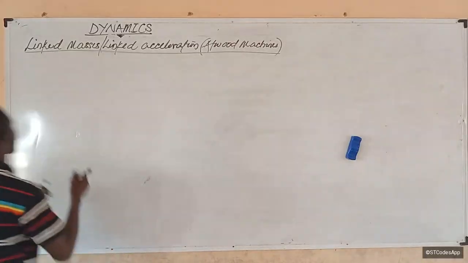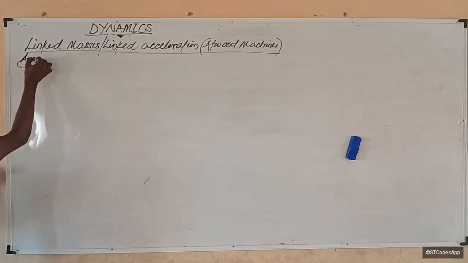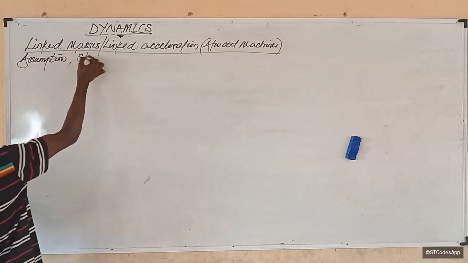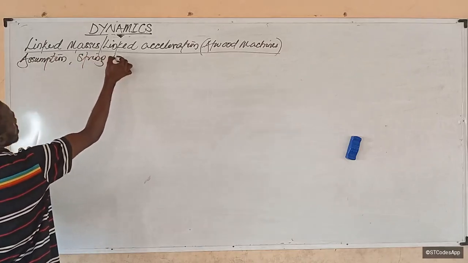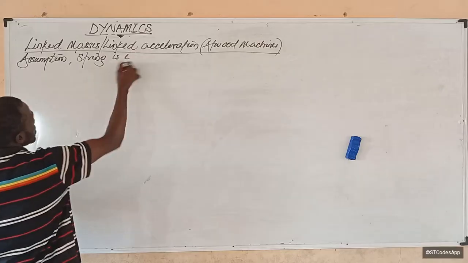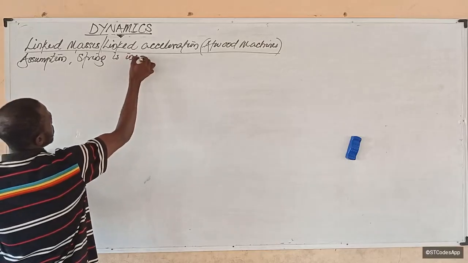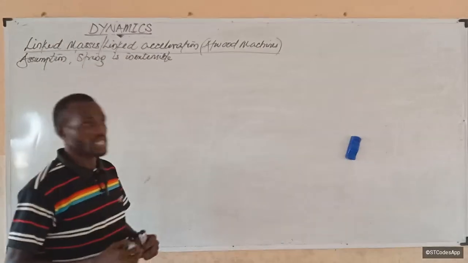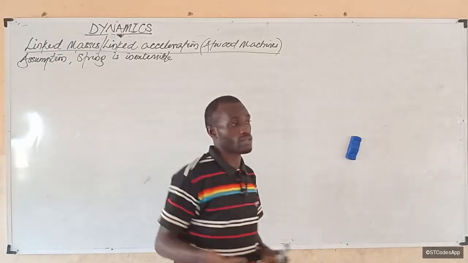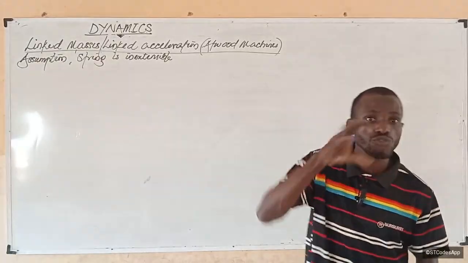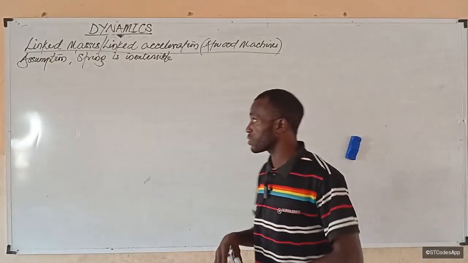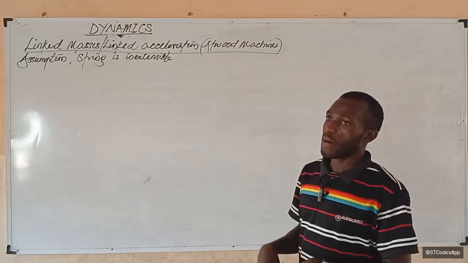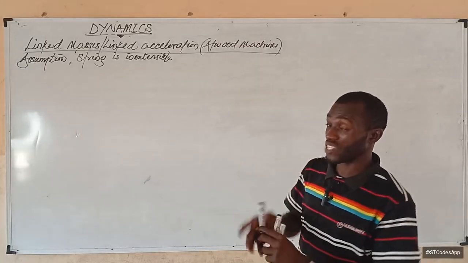So the first assumption is that the string is inextensible, because if the string be extensible, then these formulas I want to generate will not be useful. So the assumption is that the string is inextensible, and in this first case, it is one string.